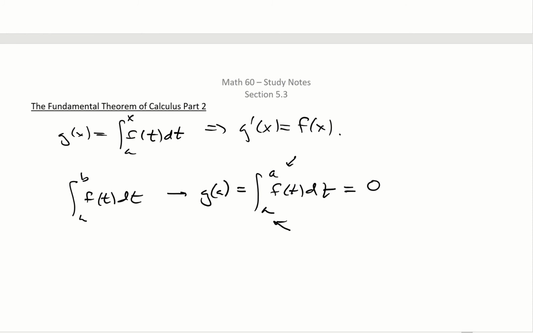And it doesn't say that I have to use g. I can use any antiderivative and mess around with this thing.